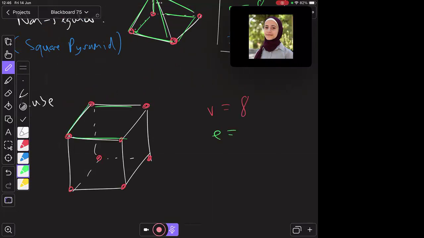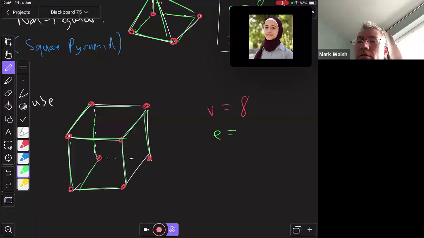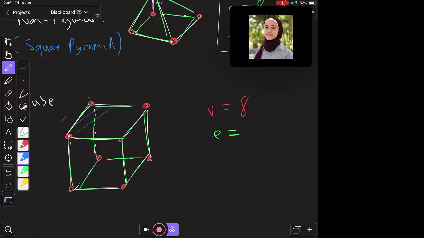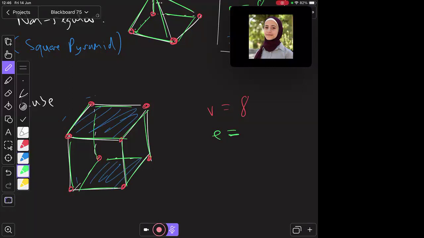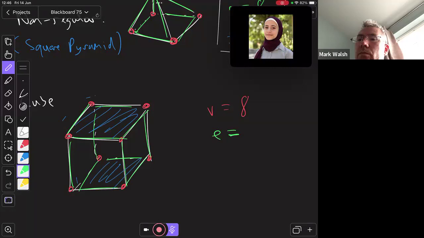How many edges do I have? 16. Not 16, a little bit less. You've got a square on the top here, there's 4 edges there. Square on the bottom, 4 edges there, and then you've got the 4 connecting edges. So edges is 12.